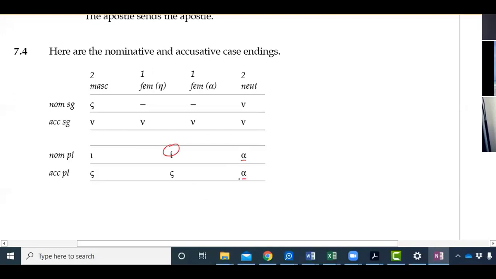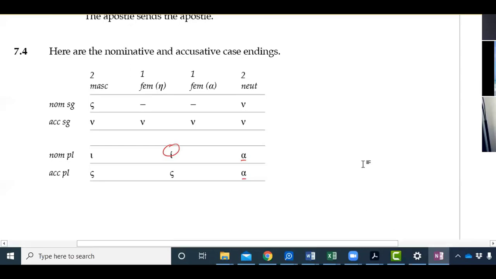Interestingly, the nu is going to be present for the nominative and the accusative singular, and the alpha will be present for the nominative and accusative plural for the second declension neuter forms. I did circle the iota's accent mark because the accent mark really is not part of the case ending. He accidentally left that in there.